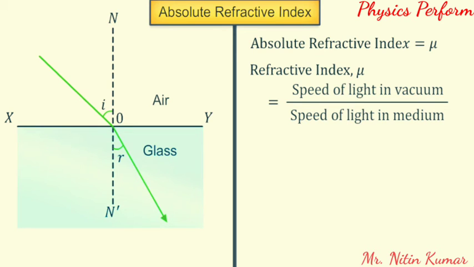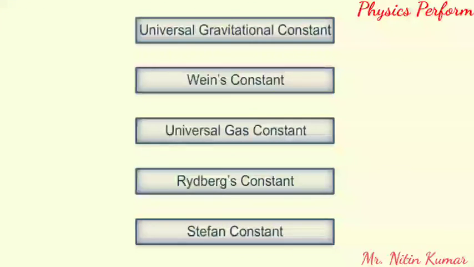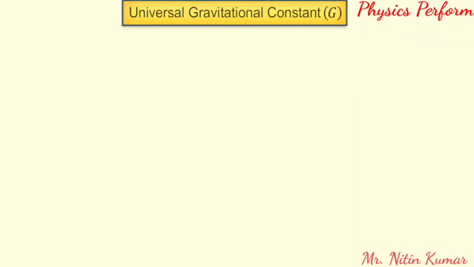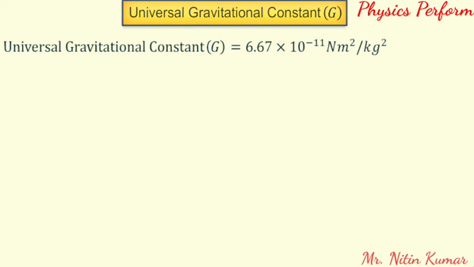We also have certain physical constants, each of which has a unit as well as a dimensional formula. For example, the universal gravitational constant G is a constant whose value is 6.67 into 10 power minus 11 Newton meter square per kg square, and is denoted by the expression G is equal to force F into distance d square by mass m square.